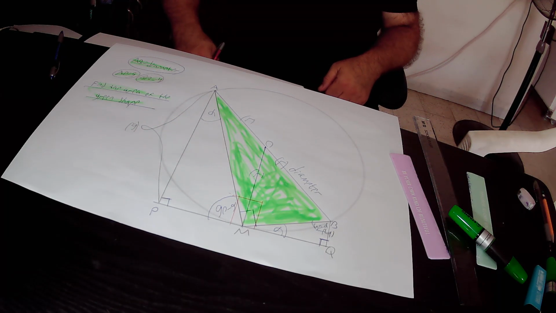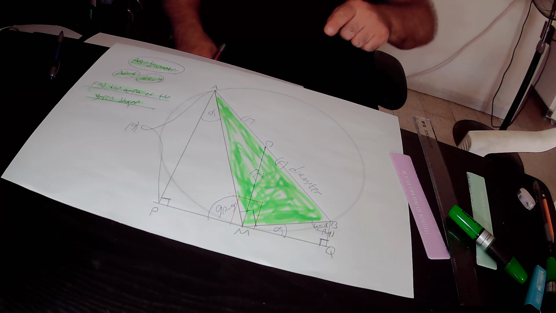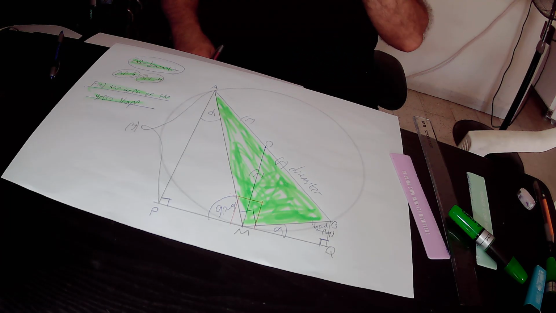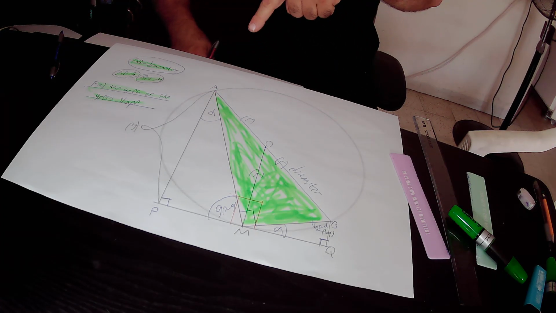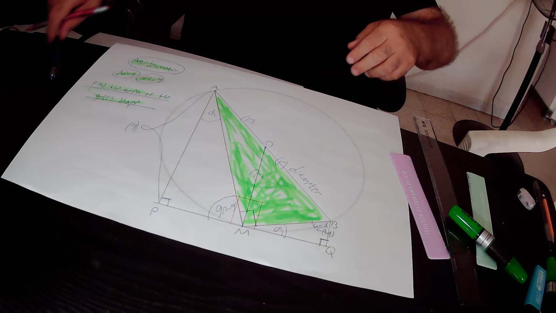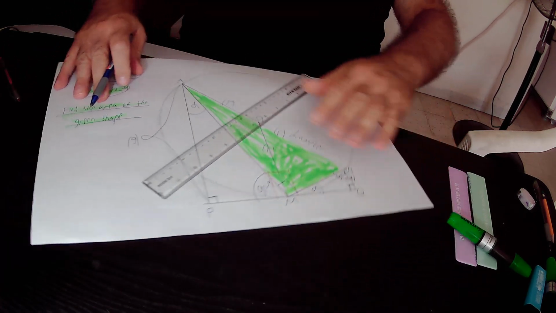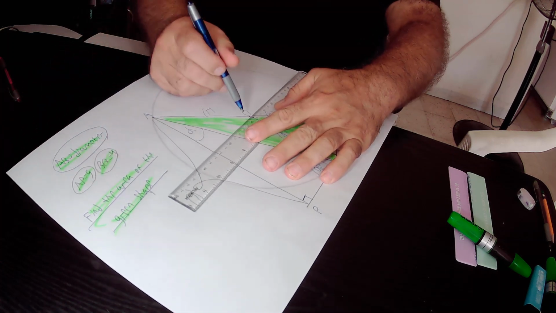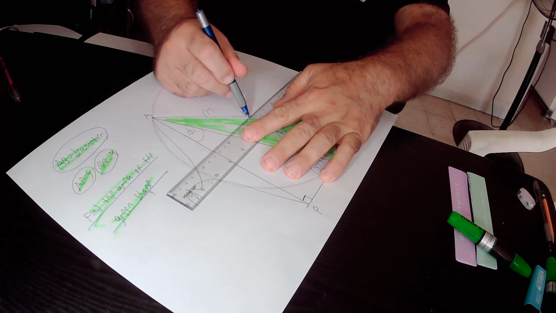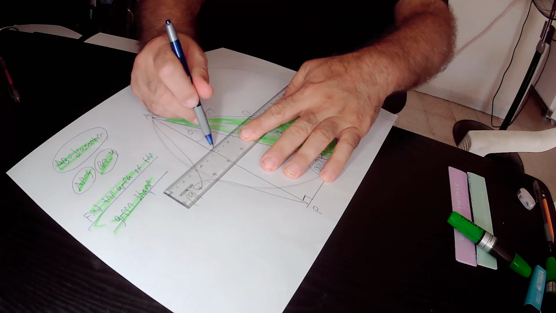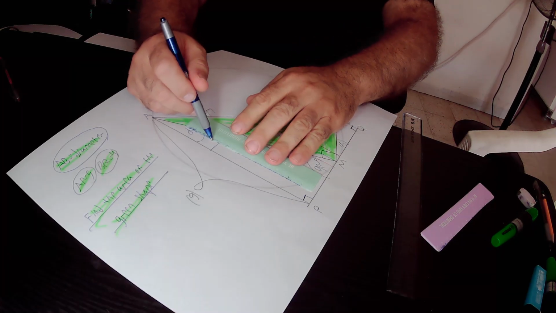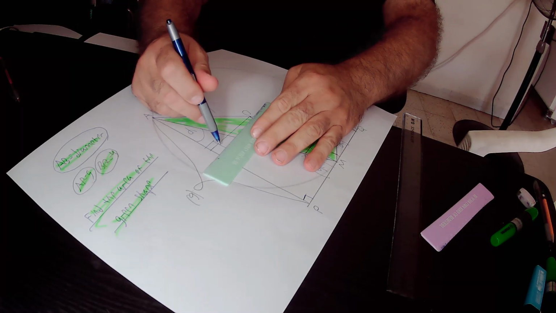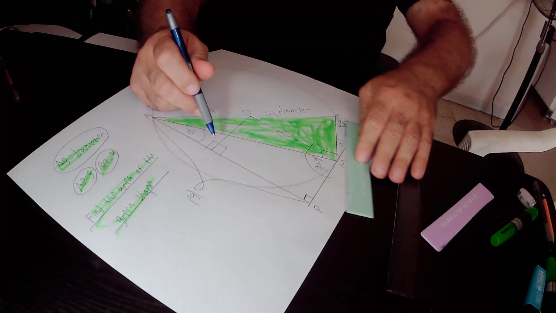In the next step, we will do a construction. That is to say, from point O, the center of this circle, we will go perpendicular on side AP. So actually, this angle equals 90 degrees, and this angle also equals 90 degrees according to our construction.